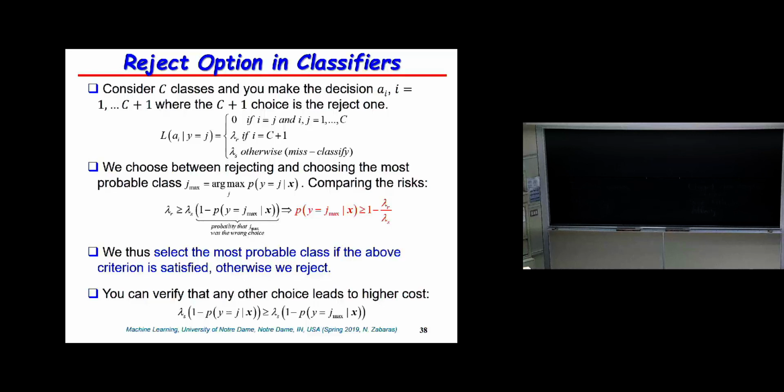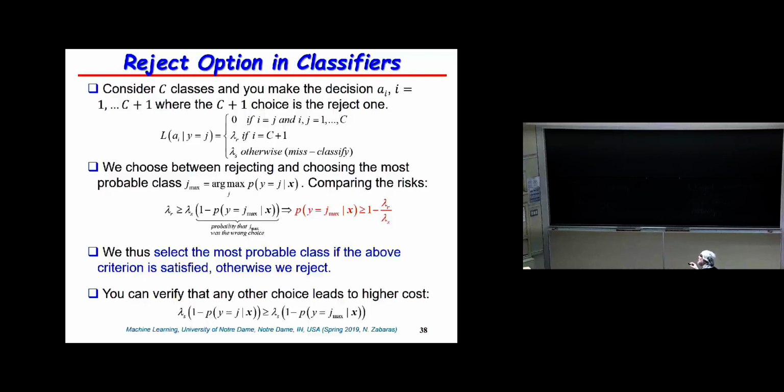It doesn't mean that, if the true label is y equal to J, you will actually recognize that. So there is a probability that you will make an error, and that error is 1 minus this probability. And the loss in that case will be the misclassification loss times this error.